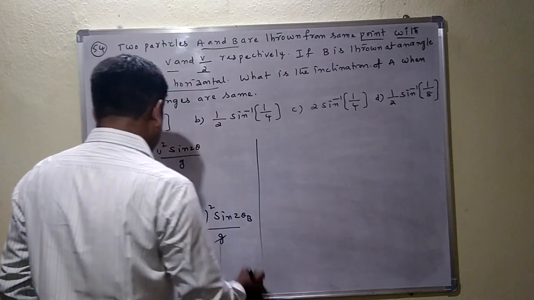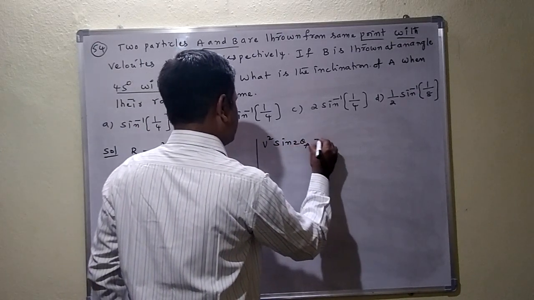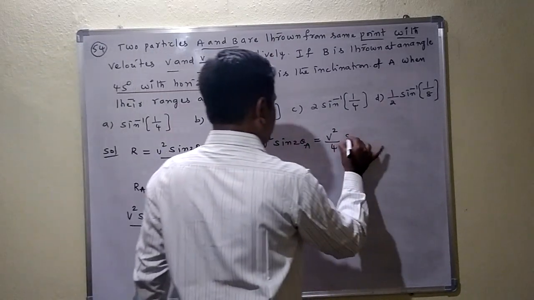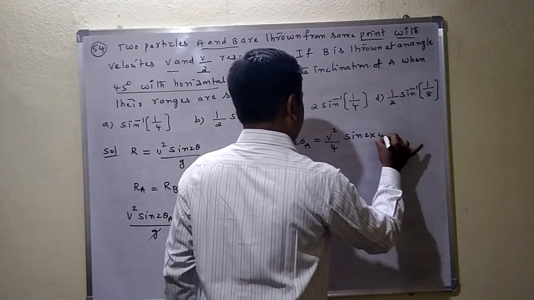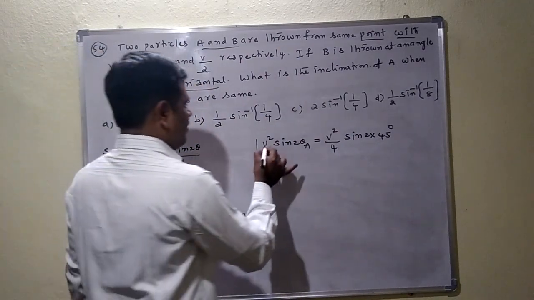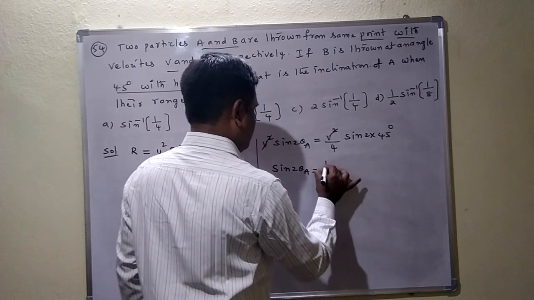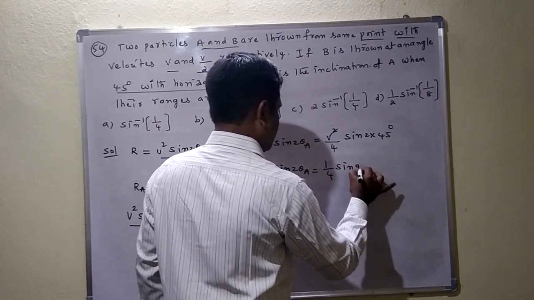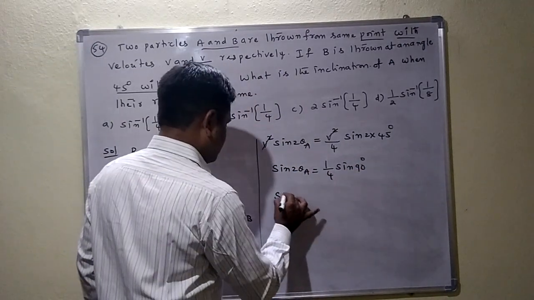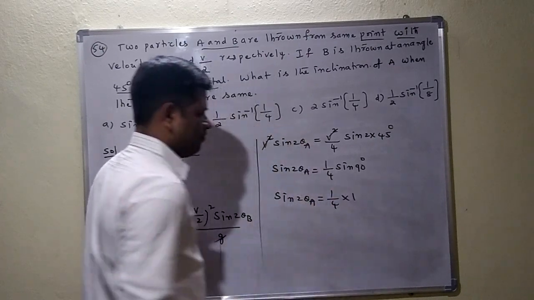From this we get V² sin 2θ_A = V²/4 into sin 2 into 45 degrees, which is sin 90. V² also cancels. So sin 2θ_A = 1/4 into sin 90. Sin 90 value is 1, so sin 2θ_A = 1/4 into 1.